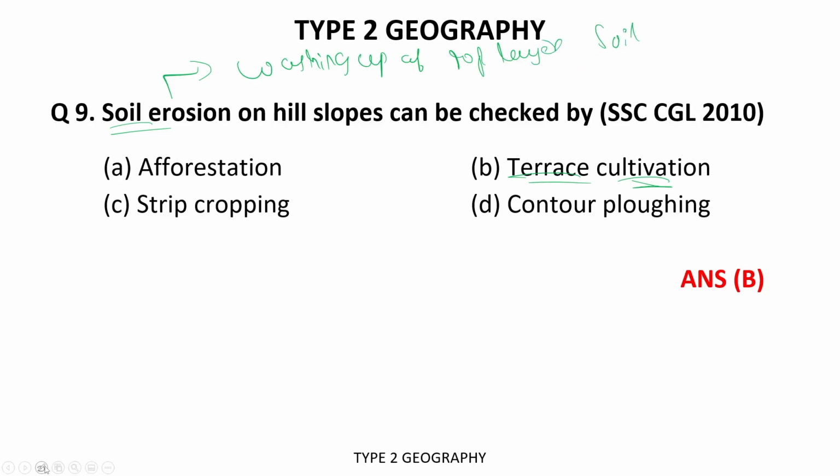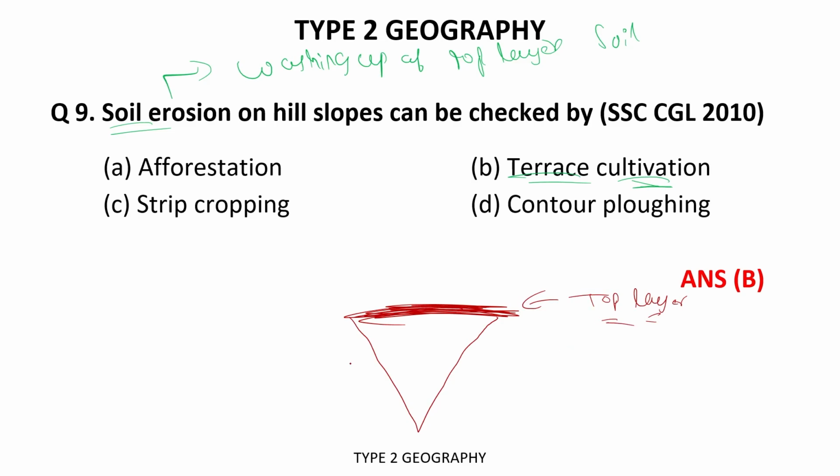You can understand, if this is soil, then the soil has various layers. The top layer is generally more significant for agriculture, but due to wind and water, if this layer flows away, then the necessary nutrients required for cultivation will be washed off.